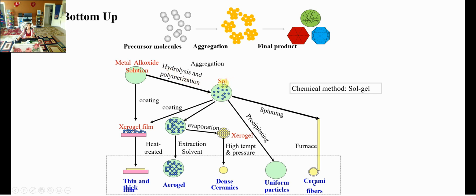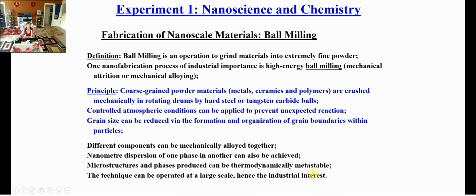From this sol, you can eventually produce xerogel films, and you produce different films with different thickness. You can also extract the solvent to produce aerogel. You can eventually produce dense ceramics, or you can even produce different sized nanoparticles. Also, if you use a high temperature, you can produce ceramic fibers.